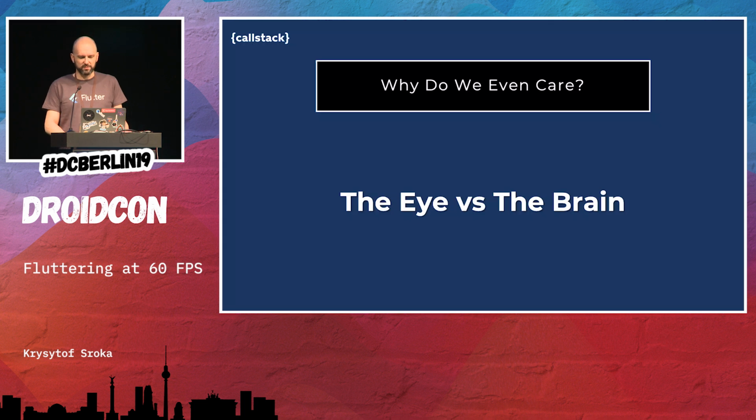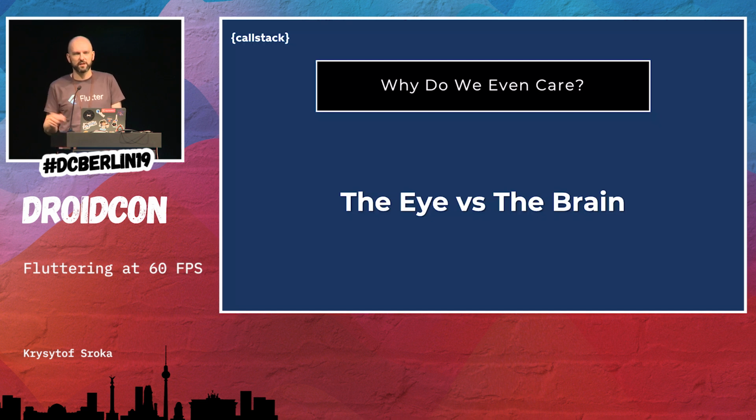So 60 is pretty low, and our eye, while it can fire, let's say, once every 1,000th of a second, the brain is pretty good at smoothing it all down. So the eye could actually detect flashes happening at this frequency, but the brain doesn't really care.